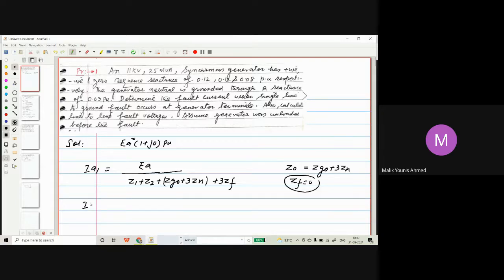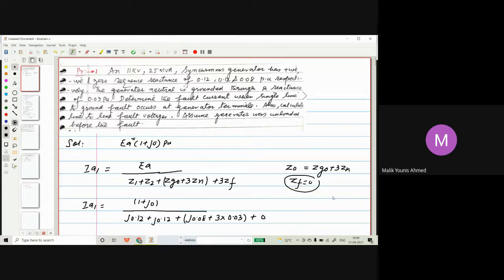So what value do you have to substitute here? 1 plus j0 divided by Z1, which is j0.12, plus j0.12, plus ZG0 which is j0.08, plus 3ZN, which is 0.03 times 3, plus 0.